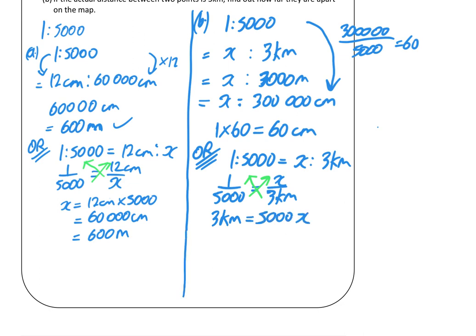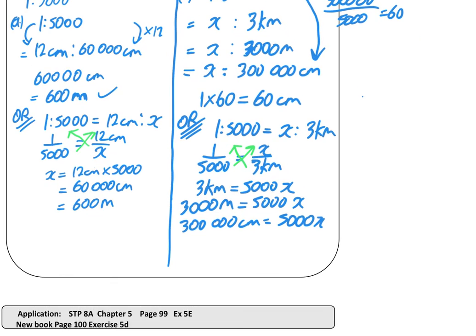And then we're going to have to divide across by the 5,000, but it's probably easier just to convert your units of the 3 kilometers into meters first of all. So that is going to be equal to 300,000 centimeters is equal to 5,000x.